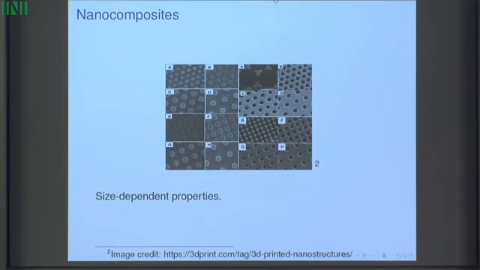So your composites may become stronger, may start exhibiting different properties, which cannot be explained by many classical bulk theories. And one of the theories here is that surfaces are at least partially responsible for this change in properties with size.